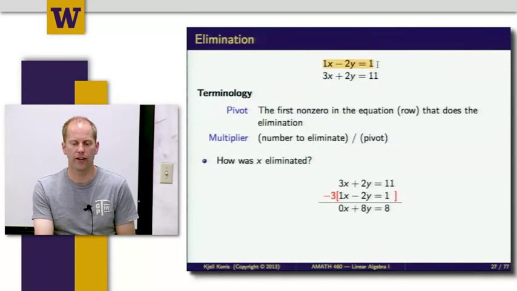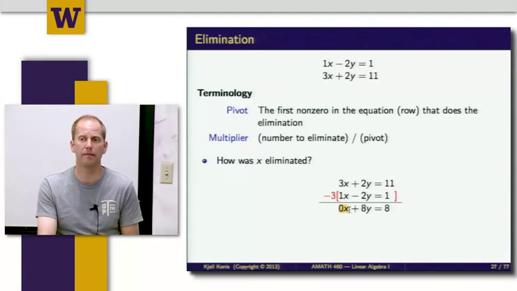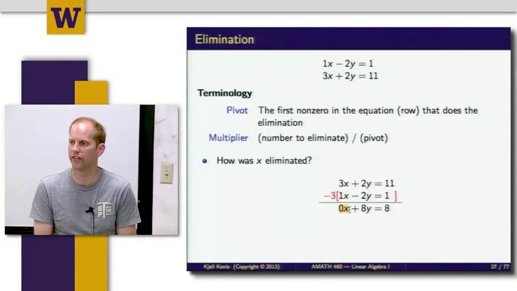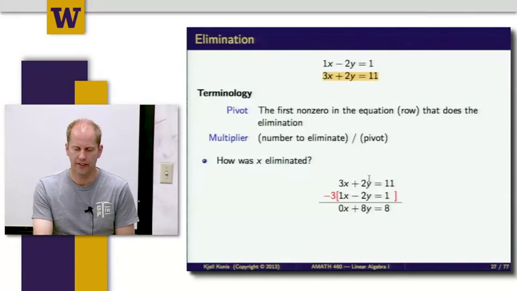So that's this first row. And then I'm going to add that to the second equation, so the equation where I'm trying to eliminate a number. And so if you see what happens when I multiply negative 3 times 1x, that's going to give me minus 3x. And then when I add 3 plus negative 3 is going to give me 0x. So that's what I mean by elimination. I'm eliminating the coefficient on the x in the second equation.